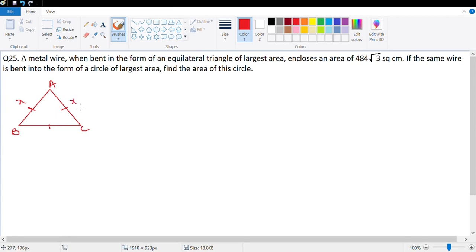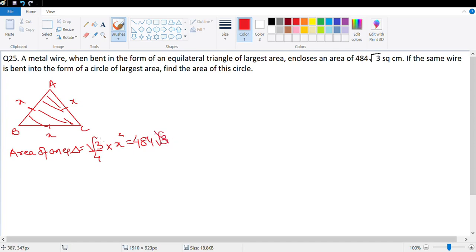Let each side be x. We know area of this is 484 root 3 square centimeter. So we know area of an equilateral triangle is equal to root 3 upon 4 into side square, in this case x square, and this is given equal to 484 root 3.